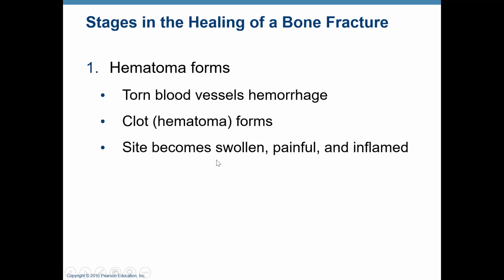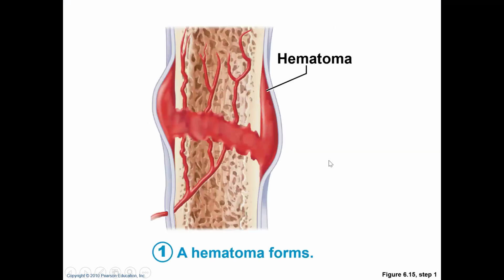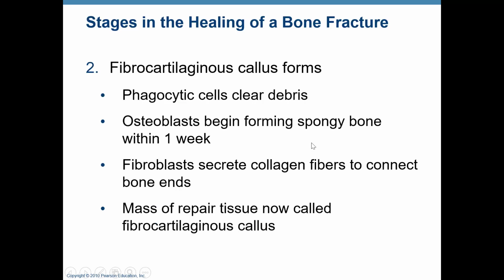Because vessels are leaking fluid, the site becomes swollen, and as pressure builds, you interpret it as painful, and it's inflamed, it's warm because more blood flow is going to the area. So here you have a fracture, blood vessels are torn, you're bleeding, you eventually want to form a hematoma, this blood clot. Then you want to start repair.